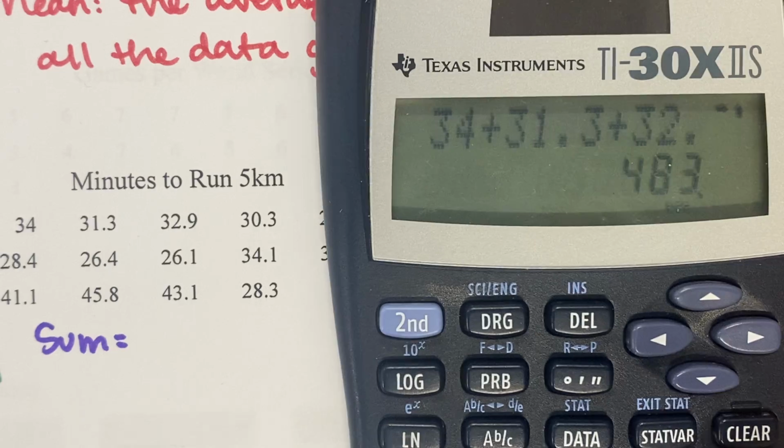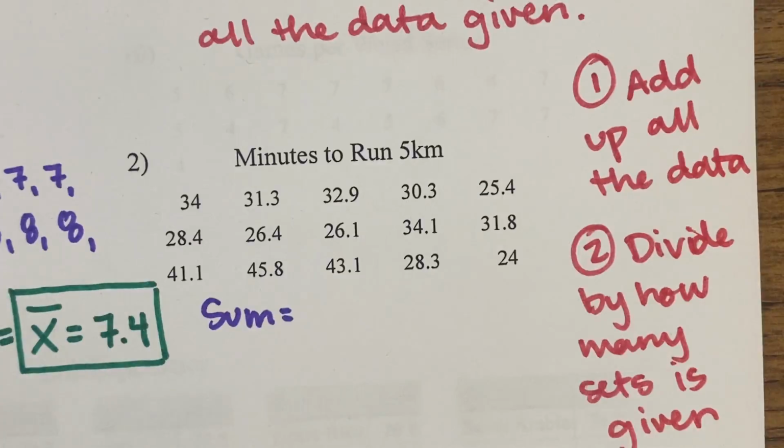Okay, so the sum of all of these numbers added together is 483.